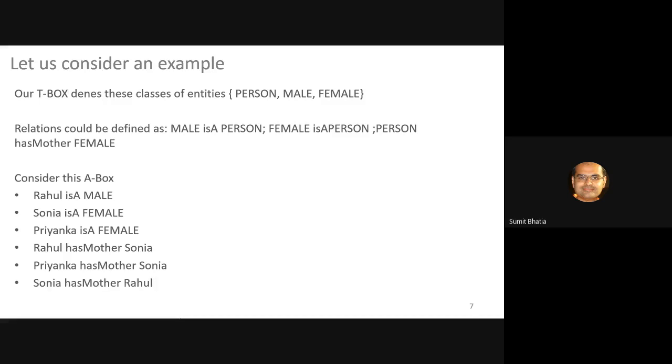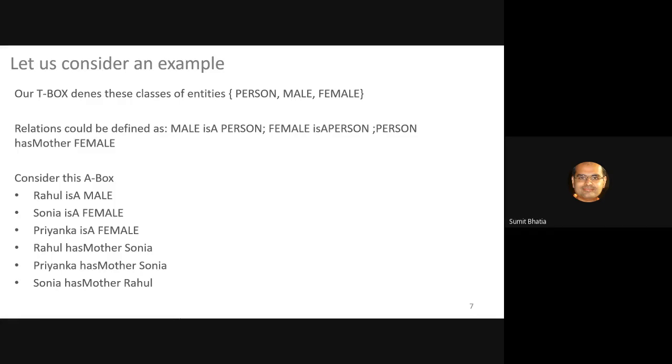Now here's a question. If someone adds the fact that Sonia has mother Rahul, then the knowledge graph should throw an error. Why should it throw an error? Let us see the entities here. The head entity Sonia, we know that it is a female and a female is a person. So this part of our relationship is satisfied.